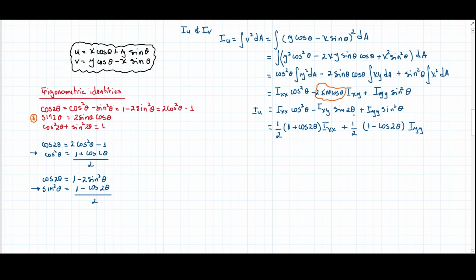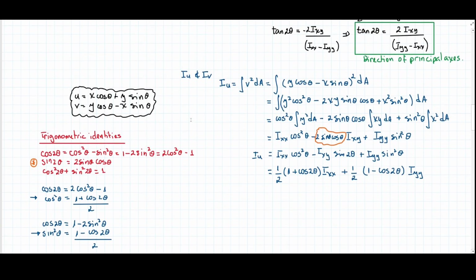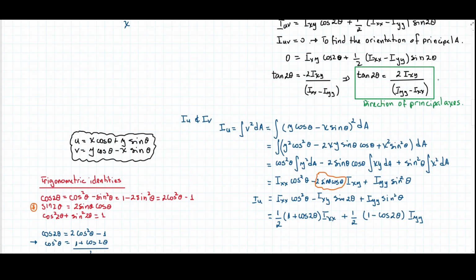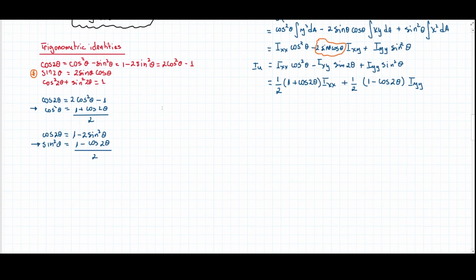And one thing that I could do there is say, okay, I remember that in the top I got this equation here. So I could bring this one back here, because I want to get rid of that product of inertia.